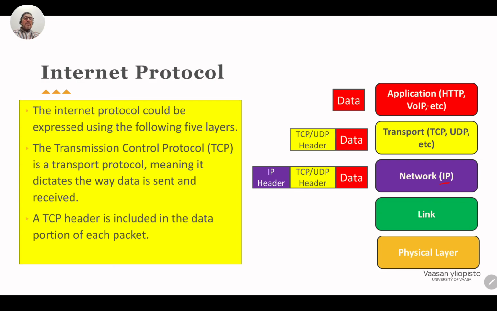The idea here is that the application, for example HTTP or VoIP or whatever, is the data, and then we add the header for the TCP or the UDP, the user datagram protocol, and then the IP adds the IP header for this communication. Then in the link layer we have error detection and correction, and also medium access control protocols added here, and then we have the physical layer.